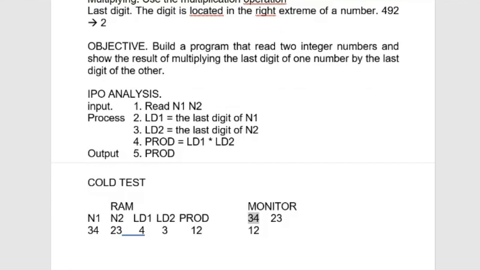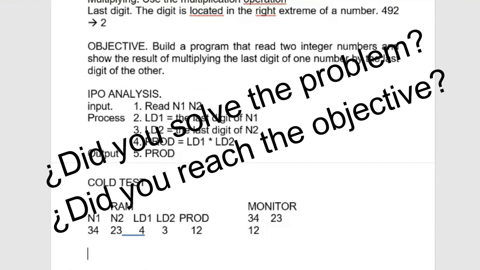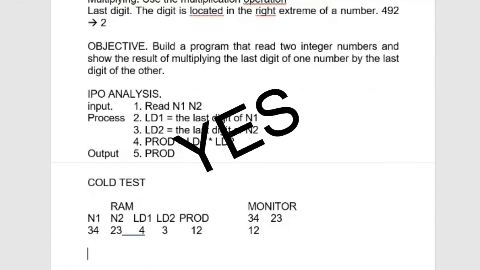You receive one number and another number, and you show the number 12, the result of multiplying this 4 by this 3, exactly the last digit of the first number by the last digit of the second number. I ask you, did you solve the problem? Did you reach the objective? The answer is yes.